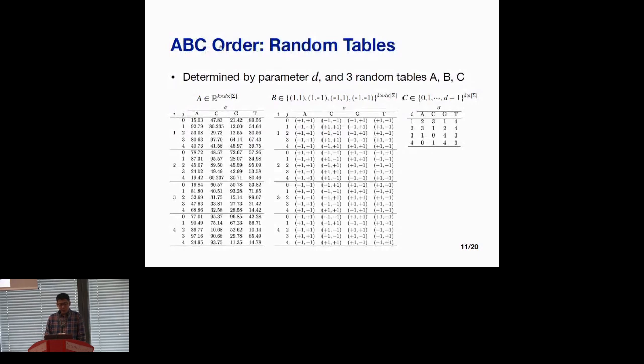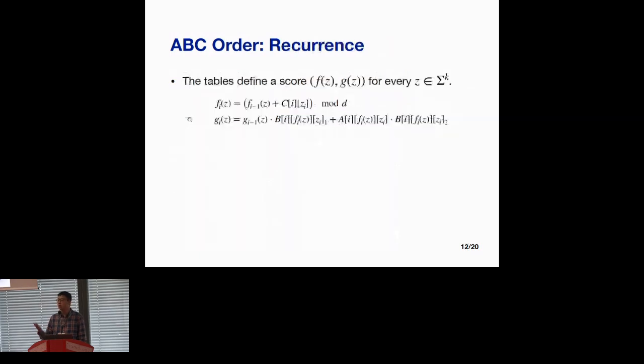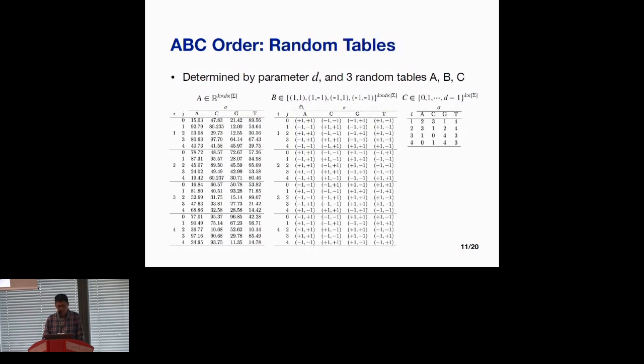It is determined by an integer parameter d and three random tables A, B, and C. Table A is of size k times d times the size of the alphabet, and this is what table A looks like. Each entry is a random real number. Table B is of the same size as table A, but each entry is a pair, like a +1, -1 pair.